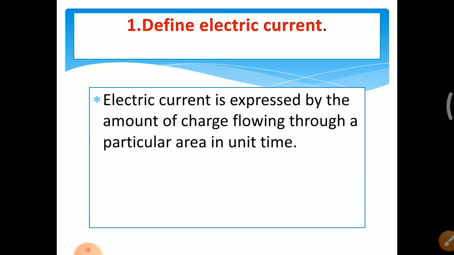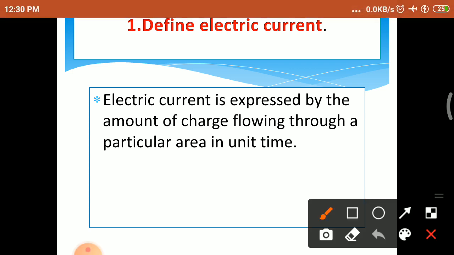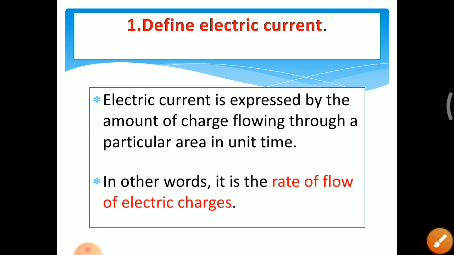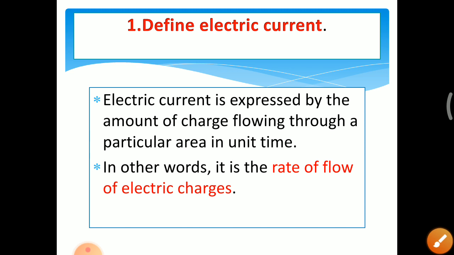Electric current is expressed by the amount of charge flowing through a particular area in unit time. So the amount of charge flowing through a wire in a particular area in unit time is called electric current. Otherwise, we can say that the rate of flow of electric charge constitutes electric current.